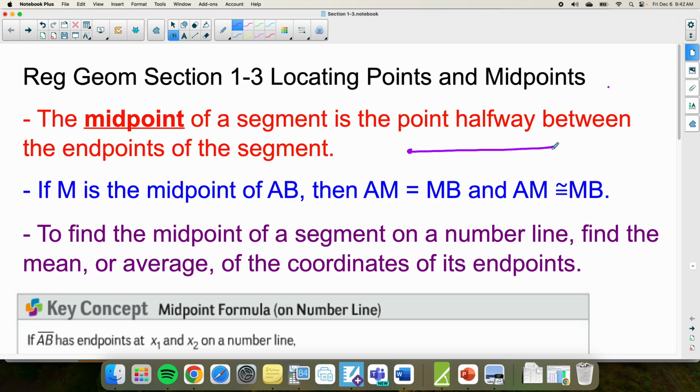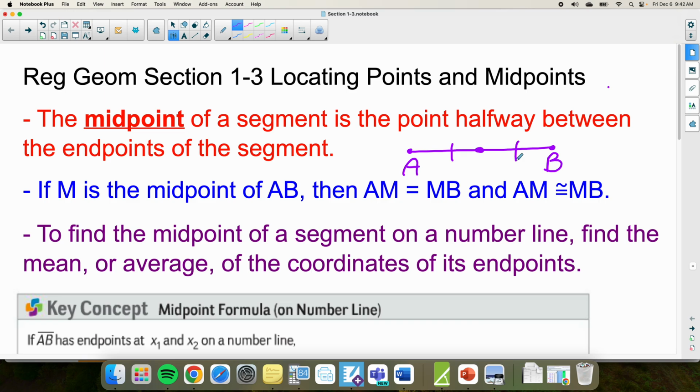If you have a segment AB, the midpoint would be the middle point. It would be the point that cuts this in half so that these two pieces would be equal or congruent, like we talked about.